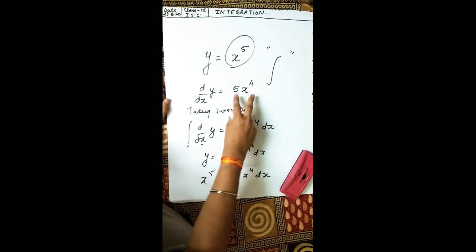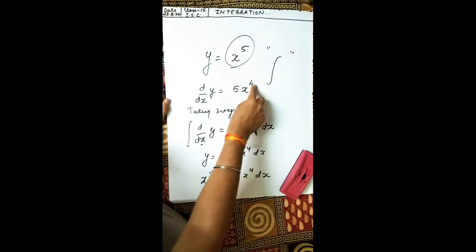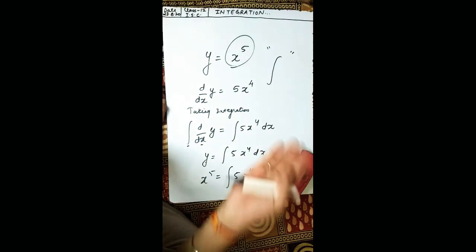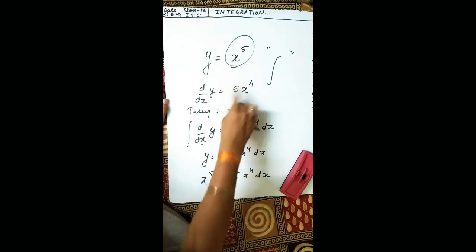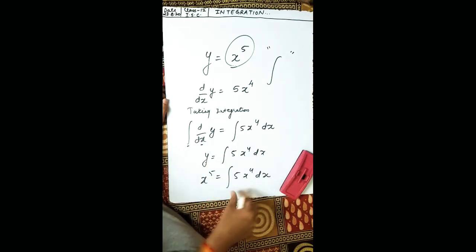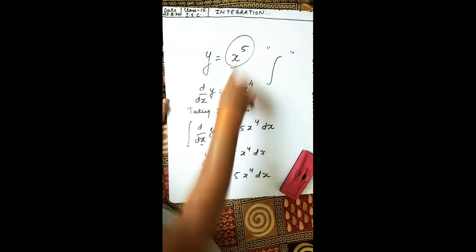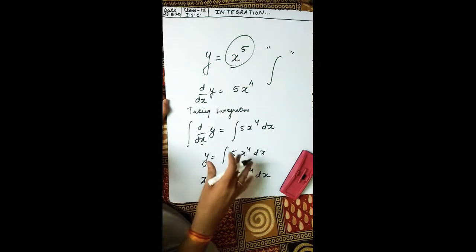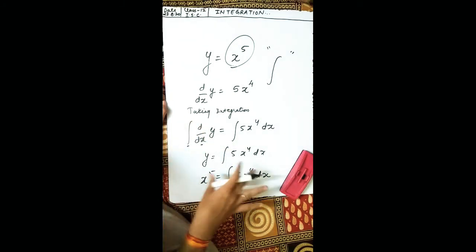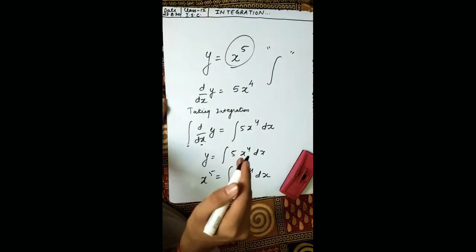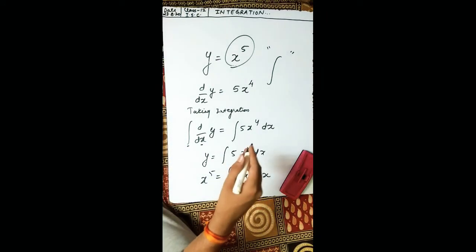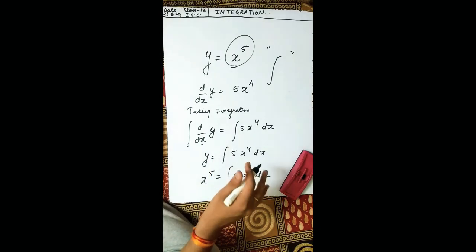Now again, if I want to know how this 5x to the power 4 came, what was its previous function, the primitive function, we need to integrate both sides. So integration of 5x to the power 4 dx is equal to x to the power 5. That is how it is confirmed. This is for confirmation, this is not a question. Integration is also called the back to home process. Please write these things in your fair copies.